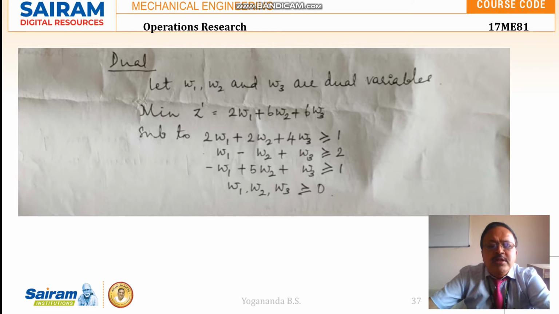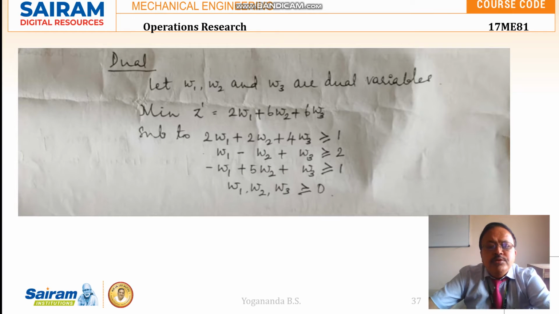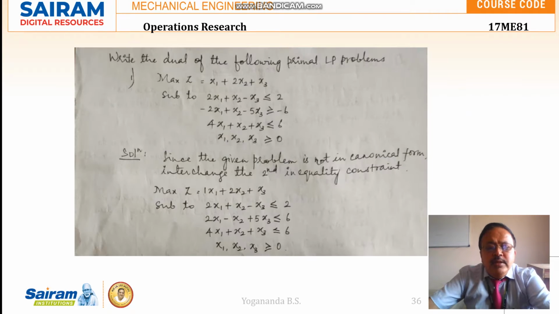Minimum z dash is equal to, now we have 2, -2 and 4 in the constraint. When converted into standard canonical form, it becomes 2, 2 and 4. So 2W1, 2W2 plus 4W3.